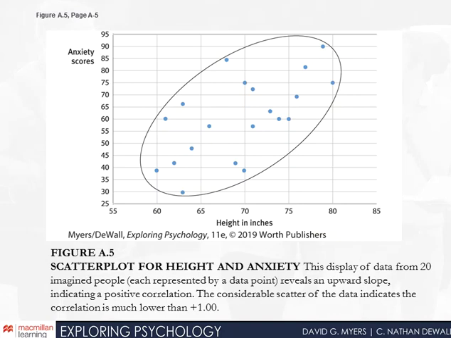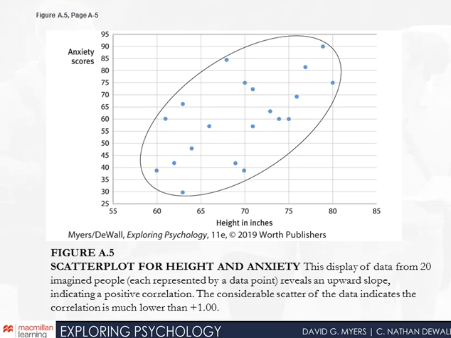So looking at the scatter plot for height and anxiety, this display of data from 20 imagined people, each represented by a data point, reveals an upward slope, indicating a positive correlation. The considerable scatter of the data indicates the correlation is much lower than a perfect positive one.